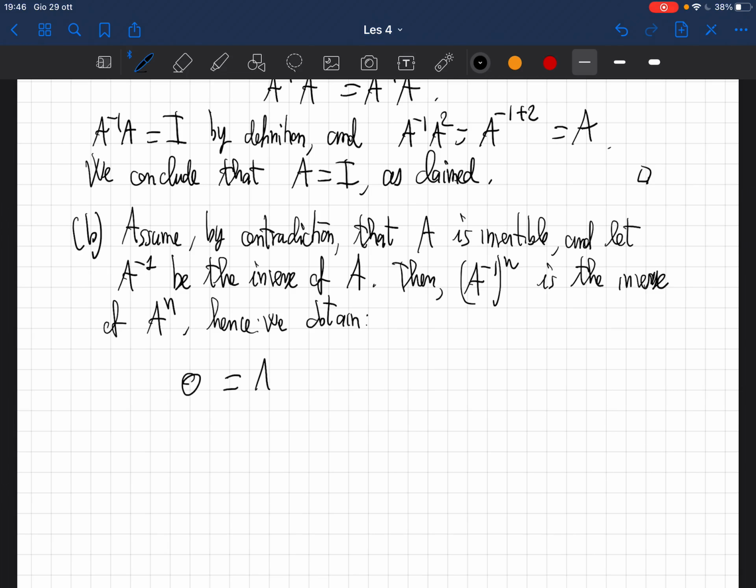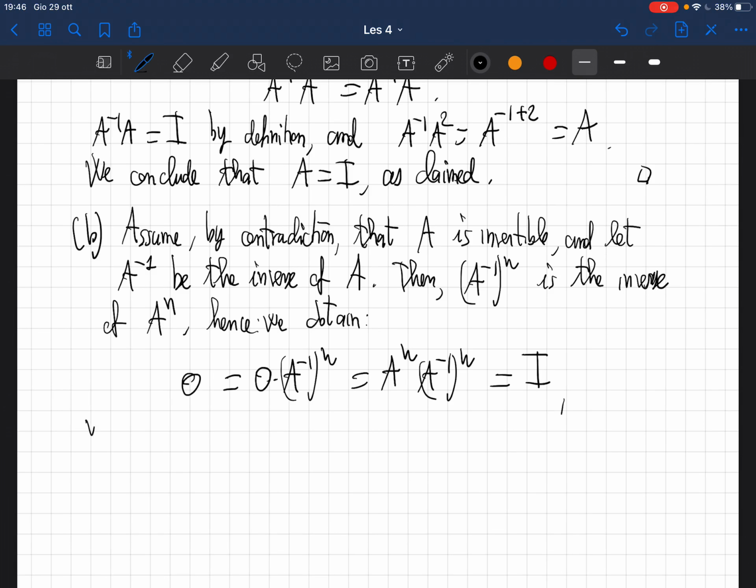Just 0 is equal to 0 times A minus 1 to the n, which is equal to A to the n times A minus 1 to the n, which is equal to the identity.